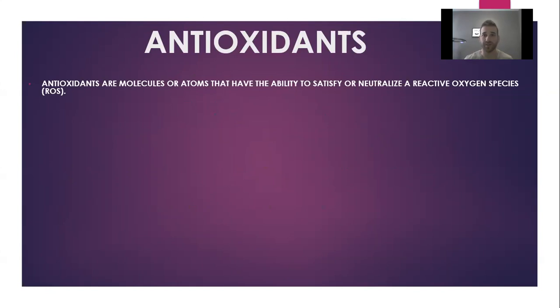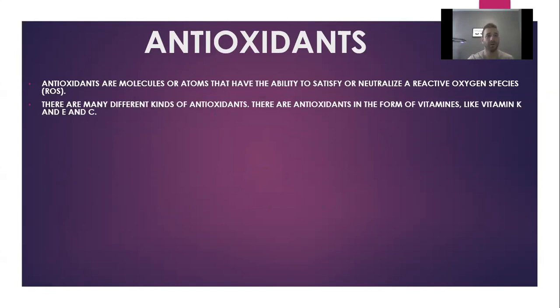Antioxidants help protect our body from free radicals or reactive oxygen species by getting in between the biomolecules of our cells and the free radicals. Hence, our biomolecules are not affected by the free radicals. There are many different kinds of antioxidants. There are antioxidants in the form of vitamins, like vitamin K, E, and C. There are antioxidants in the form of minerals, like manganese and zinc.